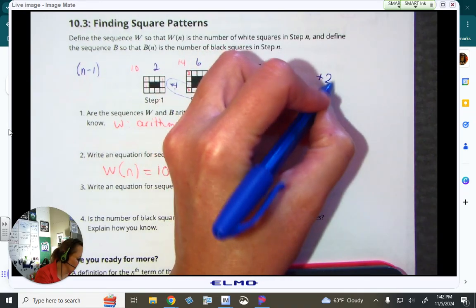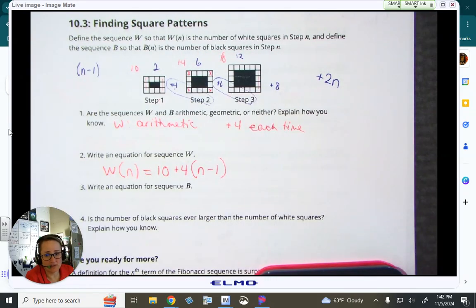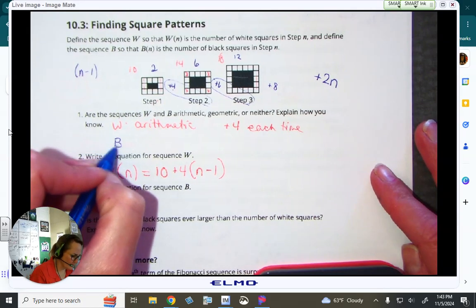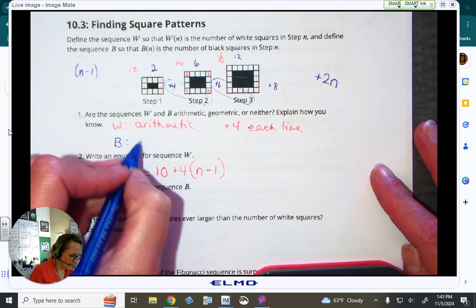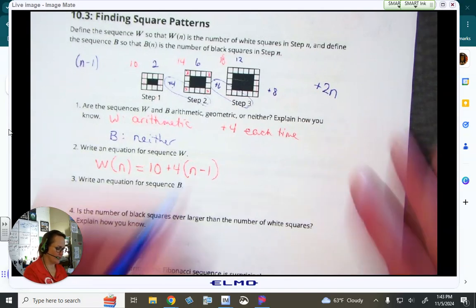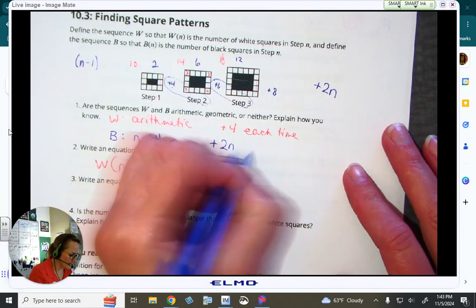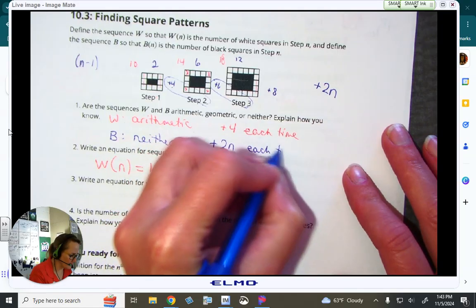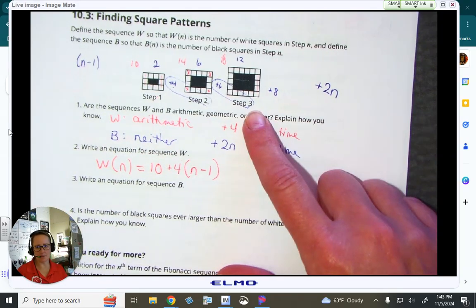So each time we're adding 2 times whatever the step number is. I haven't seen something like that. I don't think it's been that complex. The black squares is in neither equation because we add 2 times n each time. It's based on the step number.